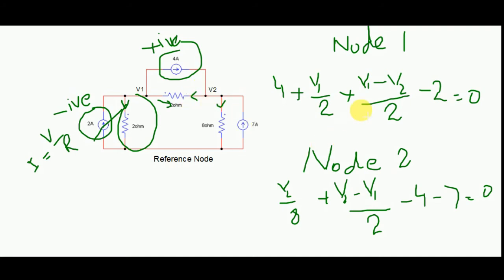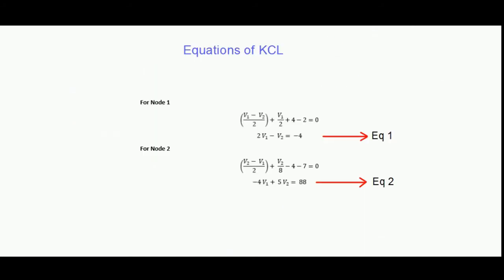So for calculating the current of the same branch, in the node 1 equation we use (V1 minus V2) by 2, and in the node 2 equation we take (V2 minus V1) by 2. Now we have to simplify these equations.